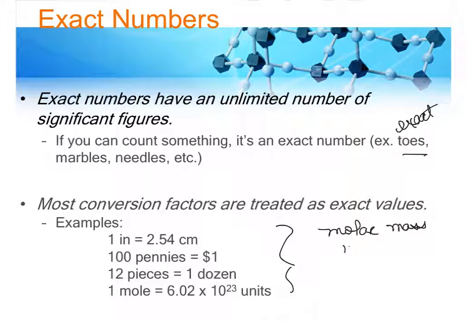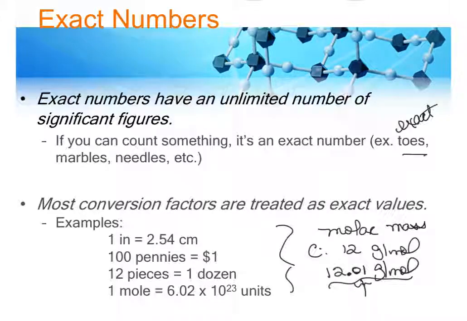For example, instead of writing the molar mass of carbon as 12 grams per mole, instead of rounding to a whole number, you should carry at least 2 digits to the right of the decimal for every molar mass you use, because you don't want the molar mass to be your limiting factor in sig figs for a calculation, because it's known with a high level of precision. So I always recommend carrying at least 2 digits to the right of the decimal with molar masses.